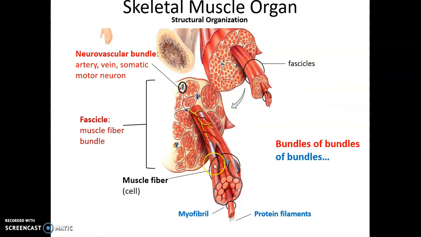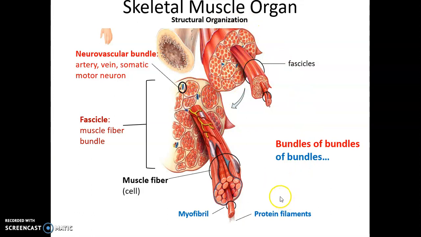Then, when you look at the muscle fiber, you see that within it are these column-like structures called myofibrils. And these myofibrils run the length of the muscle fiber, and there are a bunch of them bundled up inside of the muscle fiber. So you have bundles of myofibrils in the muscle fiber, bundles of muscle fibers in the fascicle, and bundles of fascicles making up the muscle organ.